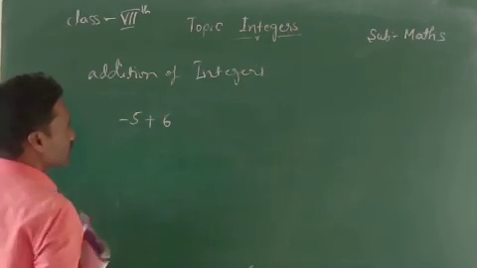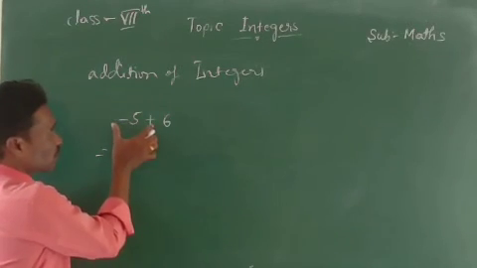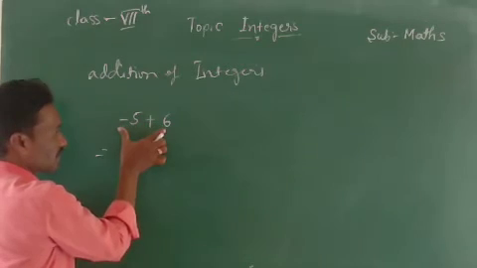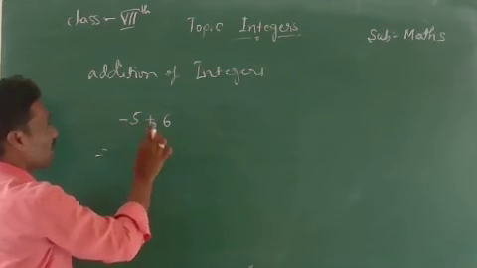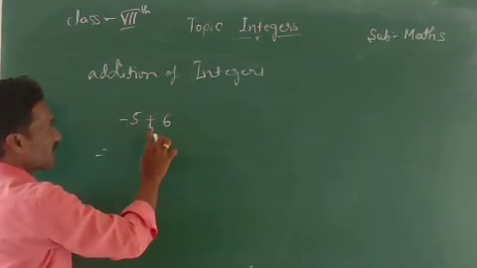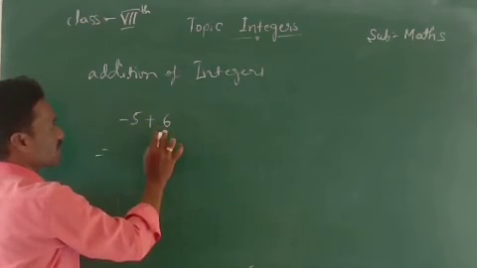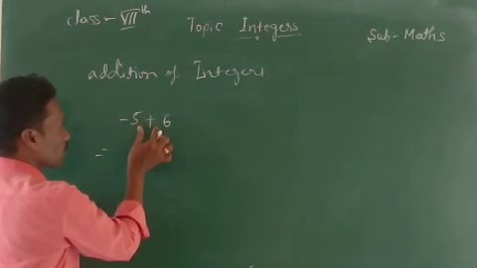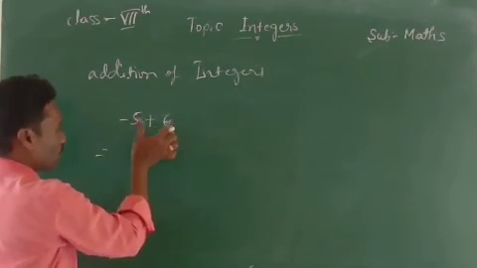When two signs are given without a bracket, and two numbers are given, we have to find the difference of these two numbers. One minus is there and one plus is there, so we have to do subtraction. Minus 5 plus 6 we are going to add.